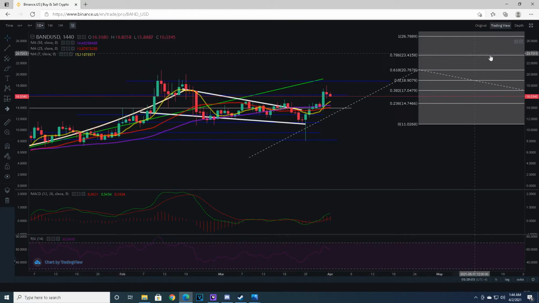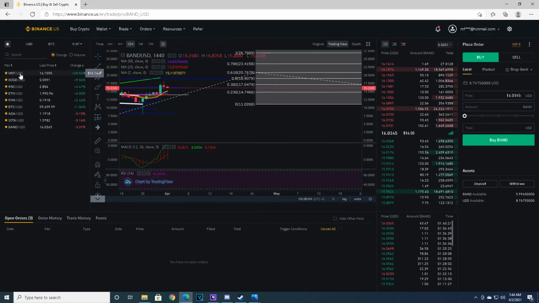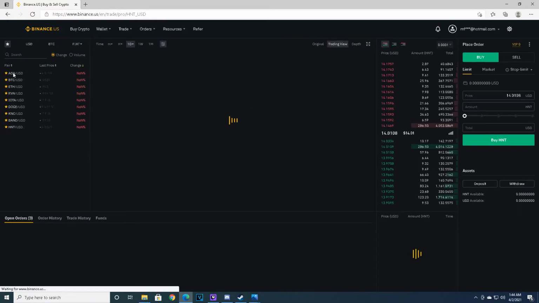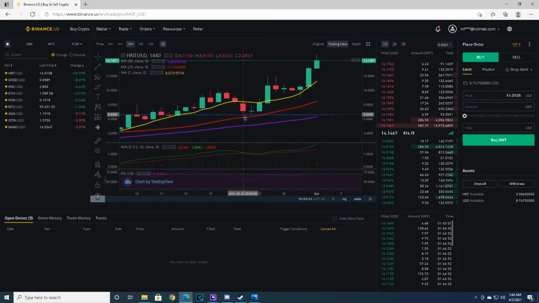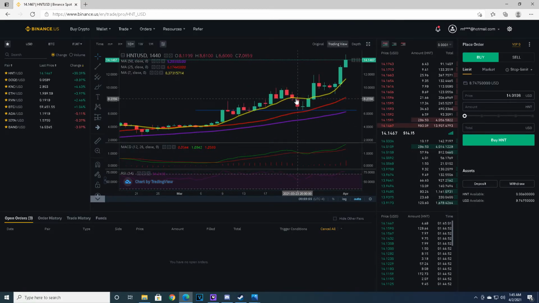We have another morning star in HNT, and again, it was around the same time. A lot of these coins made morning stars around the same time. You see sell down, sell down, sell down. Almost no volume, indecision, up, down, open around the same as where it closed. It was an indecision candle. No one knows who was going to win.